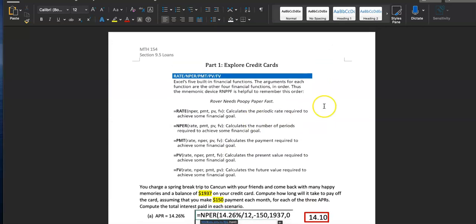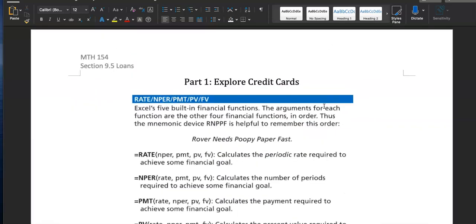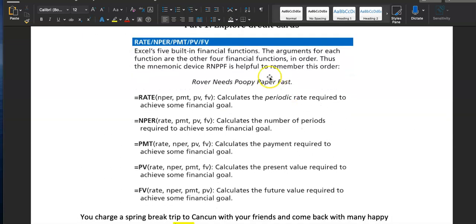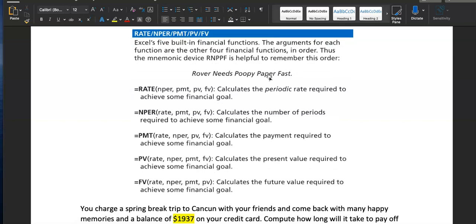So if you download the blank PDF, you will see that rate, NPER, PMT, present value, future value, and the 5 built-in Excel functions that we started using last week on 9.4. Remember, we used the present value, future value, and the payment function last week on 9.4.